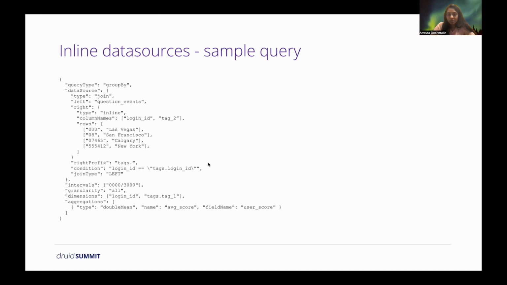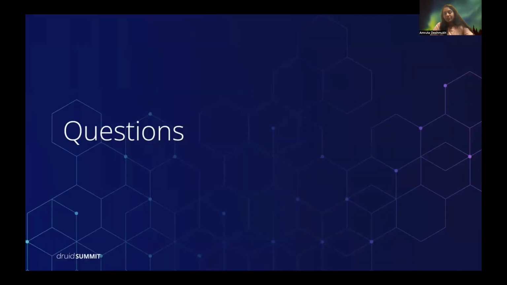But as I mentioned earlier, we have multiple tags. The customers don't have a limit of one, but they can add multiple tags to a particular location. So yeah, this is about inline data sources.